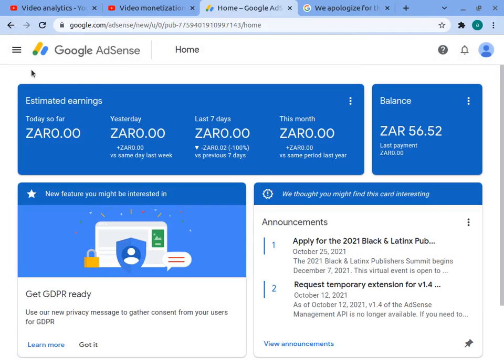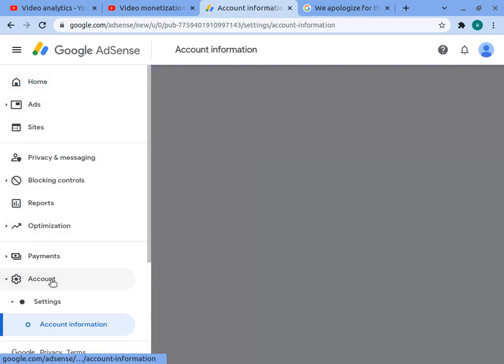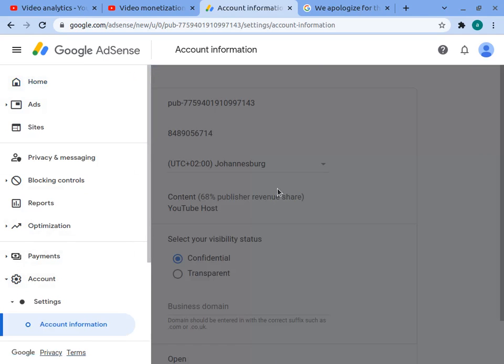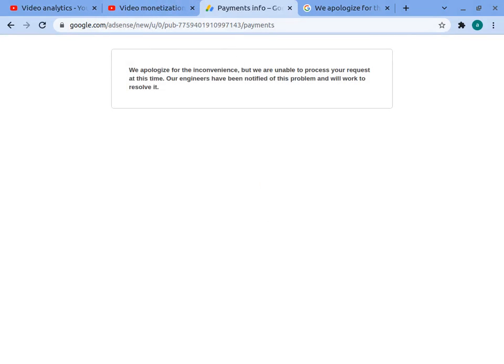Also when you try to go to account, you get that, and when you click on payments you get a problem. So that's what I want to show you how to fix.